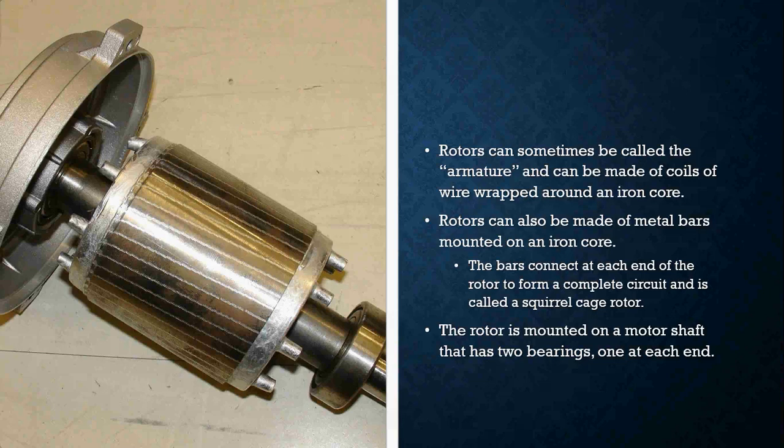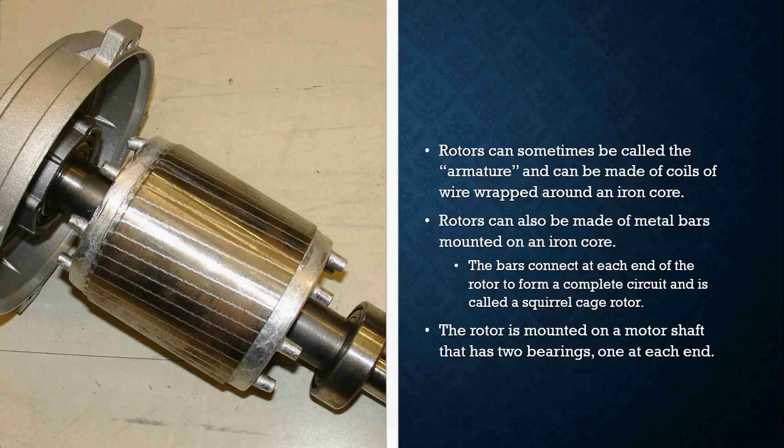The rotor is sometimes called an armature and can be made of coils of wire wrapped around an iron core, or it could be made up of metal bars mounted on an iron core. The rotors made out of metal bars mounted on an iron core, I think, are the most common type of rotors that you're going to see.